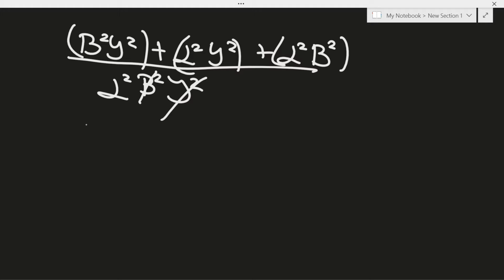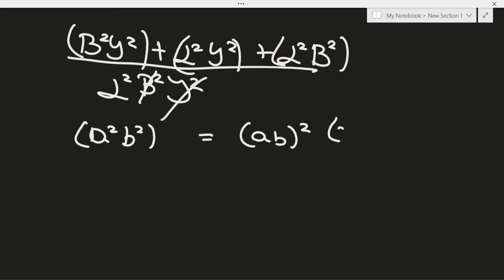So we know by the laws of indices that a squared times b squared is the same thing as saying ab all squared. So let's use examples. Let's say we have 2 squared times 4 squared.